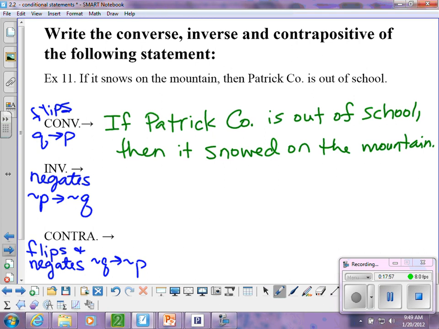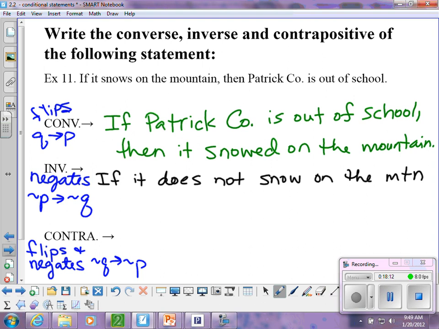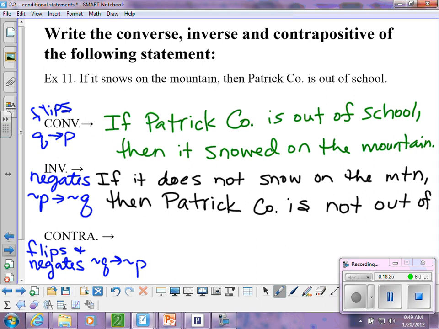What's the inverse going to do? Yeah. If it does not snow on the mountain, then Patrick County is not out of school. And the last one combines both of those, right?